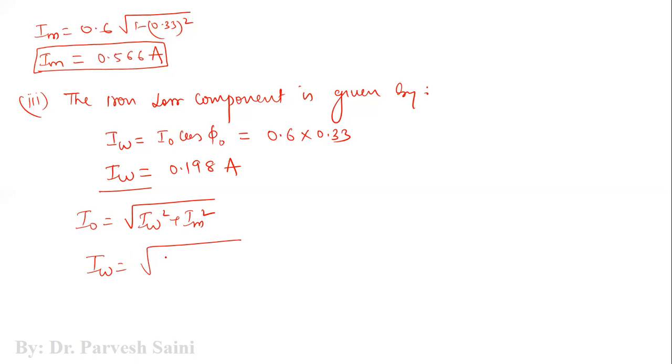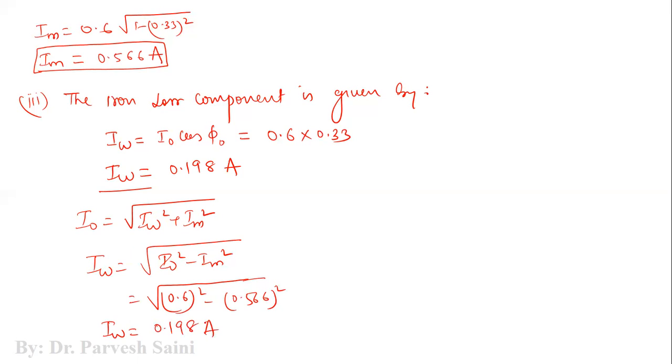So it would be under root I naught square minus Im square. So we can put the values here, 0.6 square minus 0.566 whole square. So this will also give you the same value, 0.198 ampere.